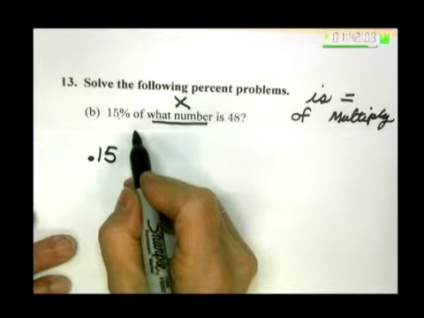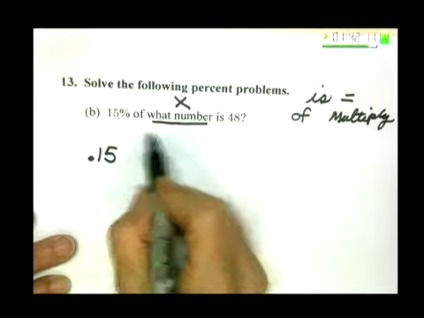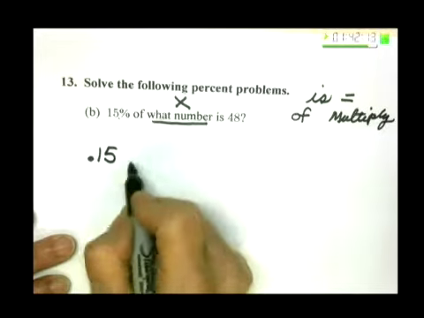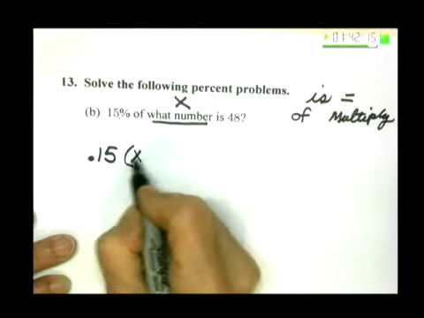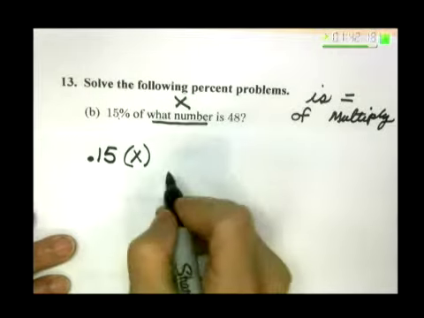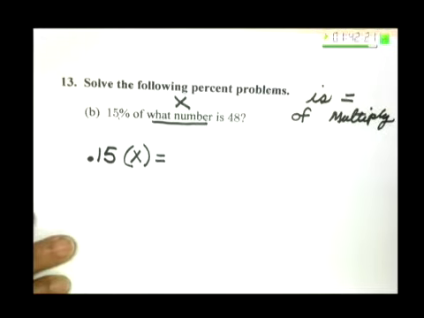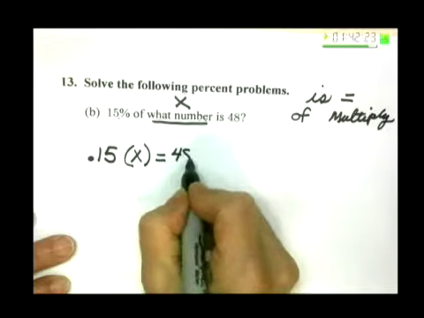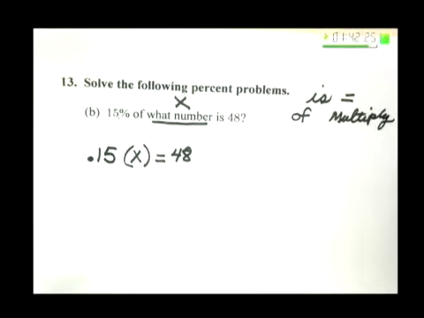Of, what did I say of means? Multiply. And what number is X? So I'm going to go times X is equal to 48. And in fact, if you just translate these problems word for word, then what happens is that they become the easiest word problems you're ever going to have.